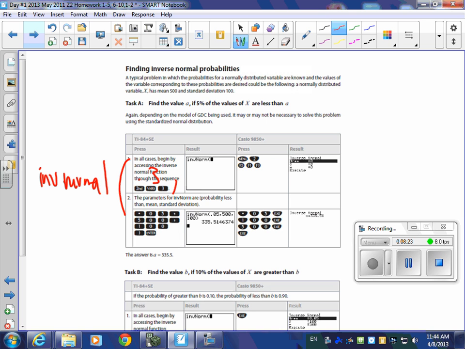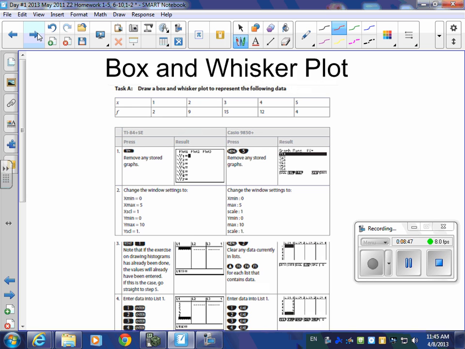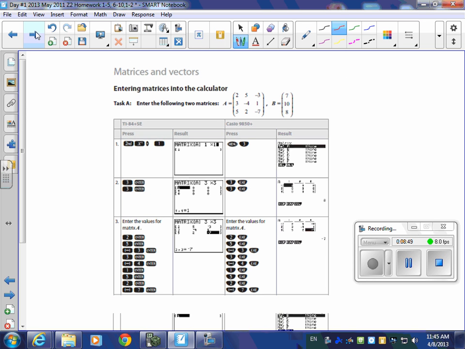And the probability is 0.3, and you know your mean, and you know your standard deviation, then you will figure out what that x value is. And that'll actually be the high value. The low will be negative infinity. And I think, box and whisker, you can look at this if you want. I'm not going to take time.